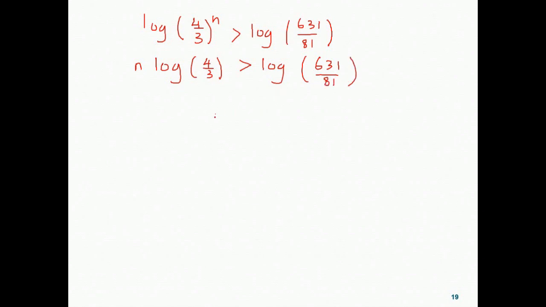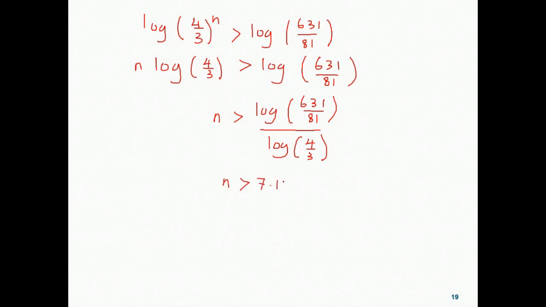Therefore, n is greater than log of 631 over 81 divided by log of 4/3. Then n is greater than 7.136.